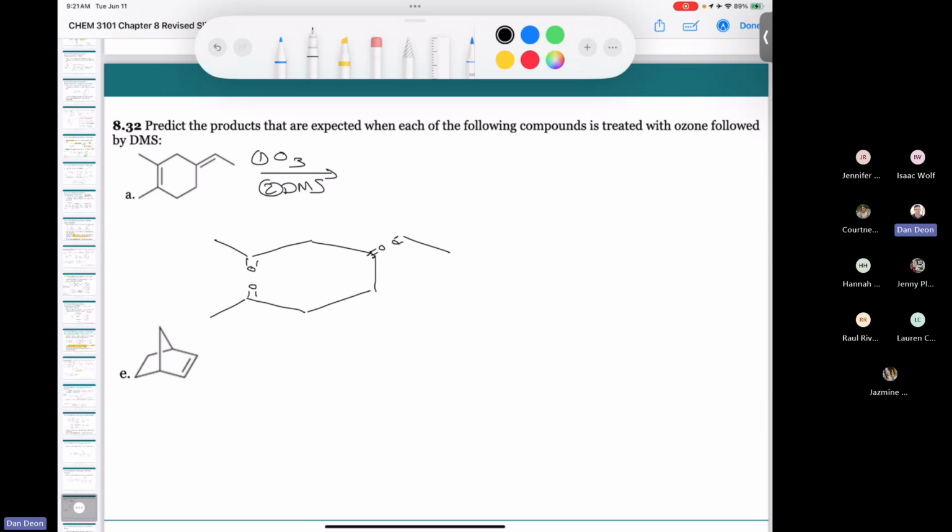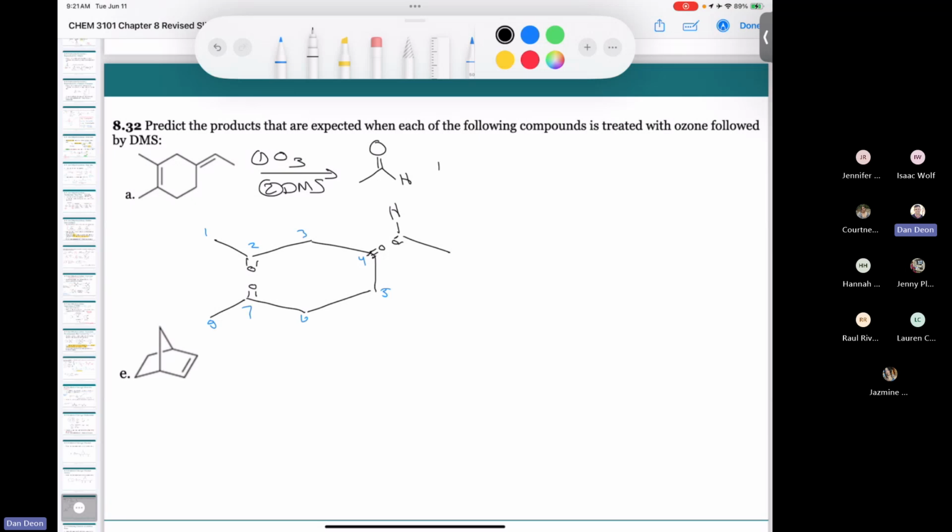Now, it's drawn a little bit ridiculous the way I've drawn it here, but those are the products of the reaction. So you can see that one of them is this compound. This is called acetaldehyde. I'll put in the hydrogen. So that's this compound. I just redrew it. And the other one, if we count the number of carbons, you have 1, 2, 3, 4, 5, 6, 7, 8.